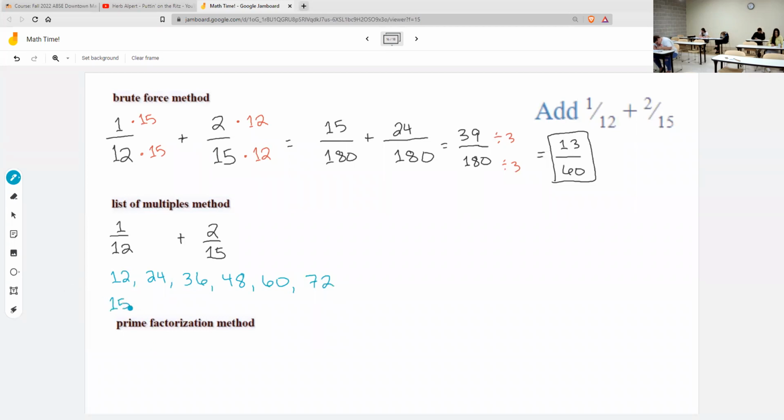So 15, 15 and 15 is 30, 45, 60. Here we go. 60 is on both lists. Everyone okay with my list of multiples? So on the 12s, I did times 1, times 2, times 3, times 4, times 5.